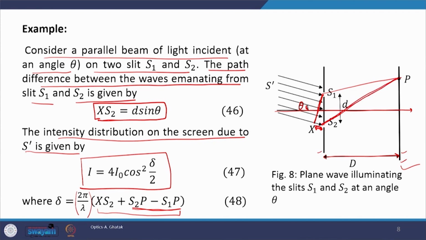To calculate the final path difference, we have to sum these two quantities. The first is XS2, which is the extra path which the light ray travels when it reaches S2, and then S2P minus S1P. Equation number 48 gives us the phase difference.